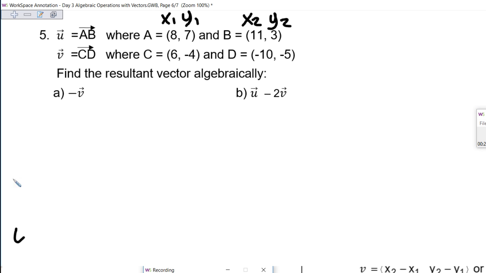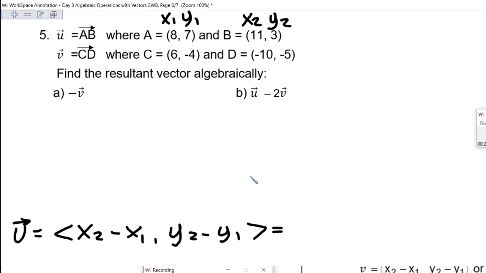So for vector U, the component form is going to be x2 minus x1, y2 minus y1. What is the x2 value? So this would be 11 minus, what is x1? 8.